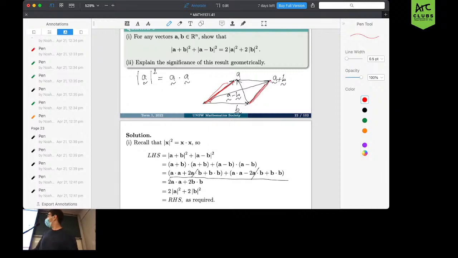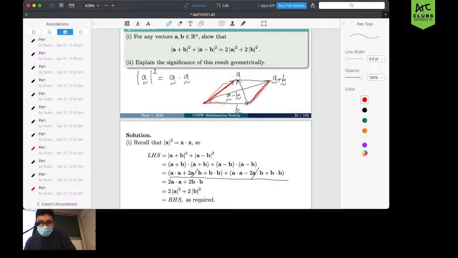And then we have plus 2 lots of the magnitude of B squared. Well, that's 2 lots of this side squared. However, we can just say that it's 1 lot of this side squared plus 1 lot of this side squared, since opposite sides in the parallelogram are equal.